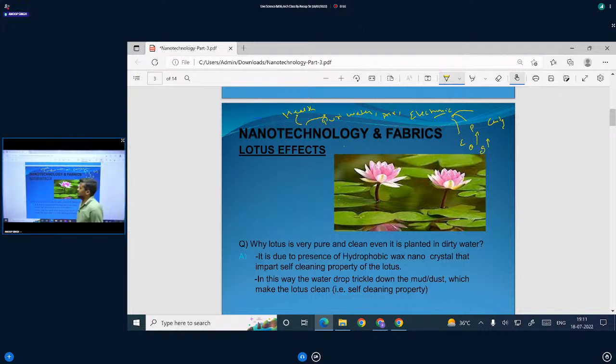So it is only because of the implementation of nanotechnology in different fields. Got it? Now we will see another area where nanotechnology plays a vital role.